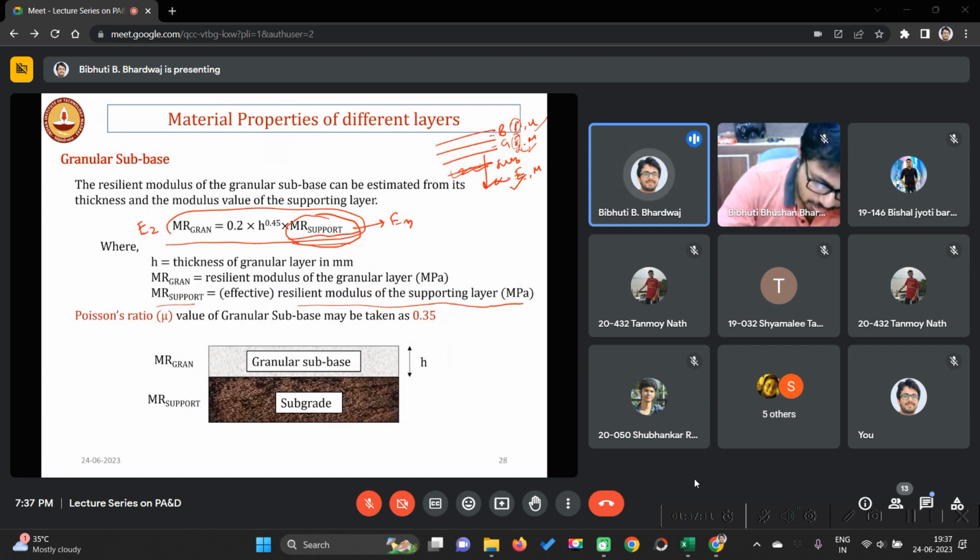And you need to know H, the thickness of the granular layer, in mm. Suppose you have 100 mm, then you calculate E2 based on that. Okay, but here there is a problem.